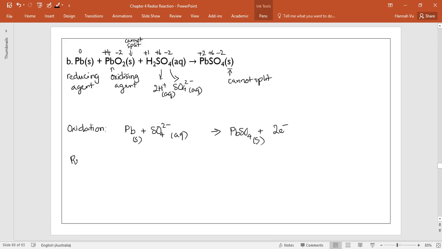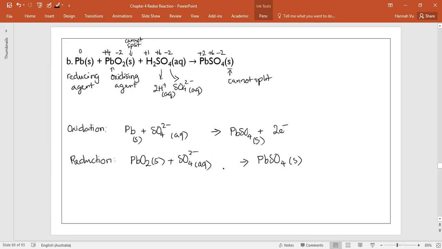For the reduction, we're going to have PbO2, solid, going to PbSO4, solid. So once again, I'm going to start by balancing the SO4. You definitely can balance the oxygen by adding water, but you can't really balance the sulfur any other way. So I'm just going to start by adding an SO4 2 minus on this side, so that sulfur is taken care of.